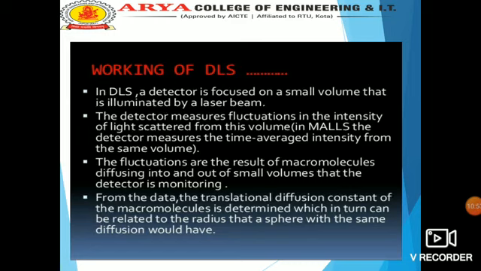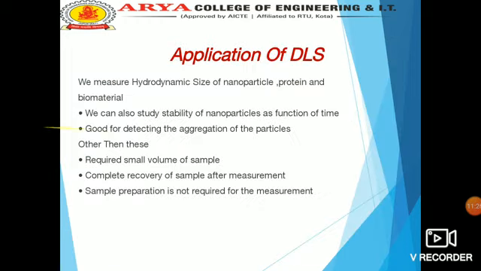The fluctuations are the result of macromolecules diffusing into and out of the small volume that the detector is monitoring. From the data, the translational diffusion constant of the macromolecules is determined, which in turn can be related to the radius that a sphere with the same diffusion would have.